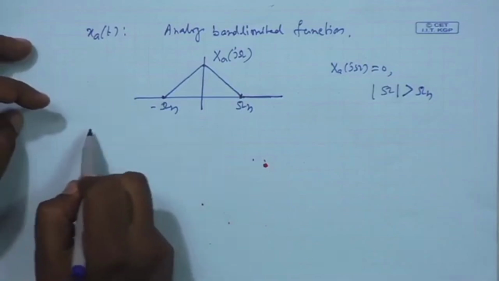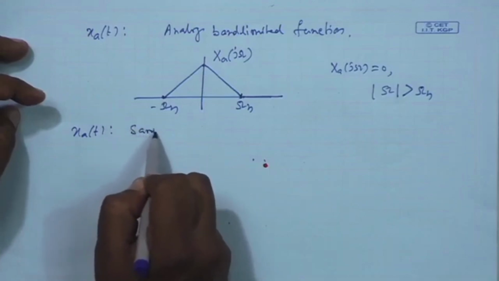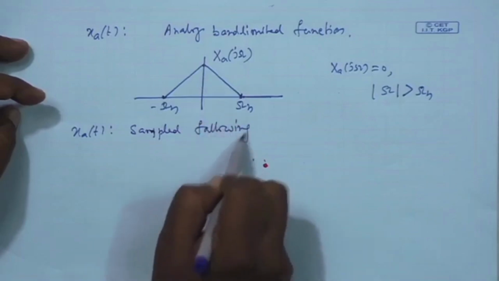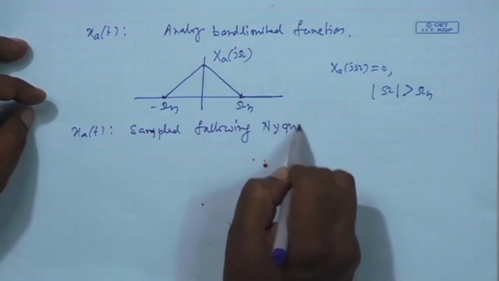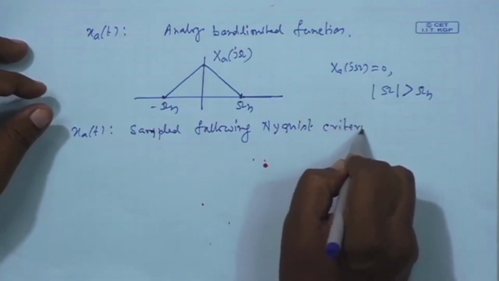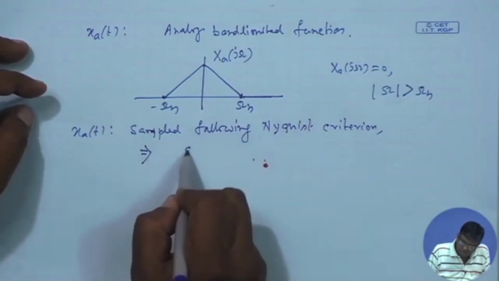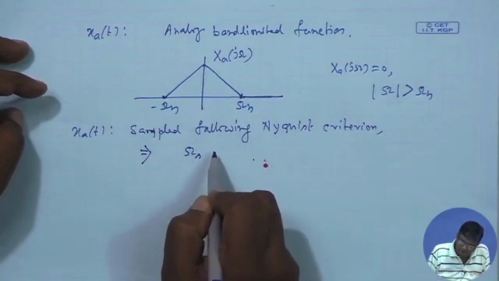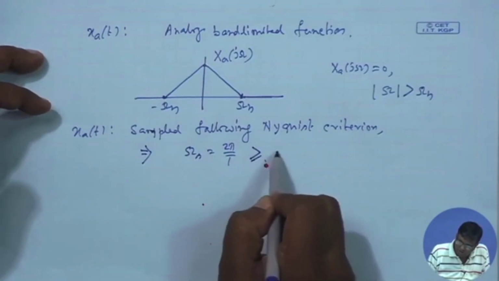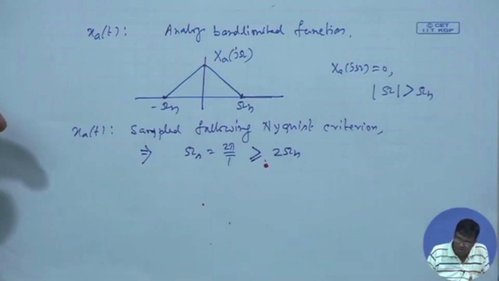And I am sampling x a t following the Nyquist criterion, that is, the analog sampling rate omega s, which is 2 pi by T, where T is the sampling period, is greater than or equal to twice omega h. So, we have seen it does not lead to any aliasing.